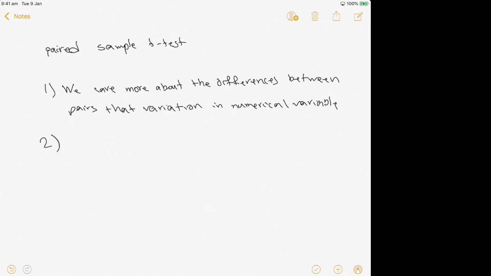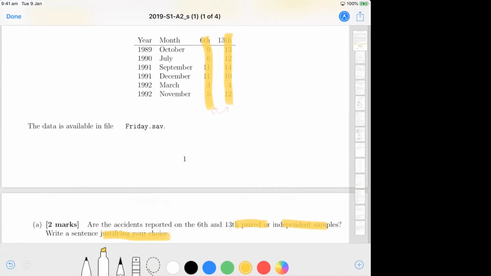And the second thing is, normally in a paired sample t-test, observations are somehow paired across samples. So how do we know whether observations are paired across the sample or not? Let's see if we can find any clue here.